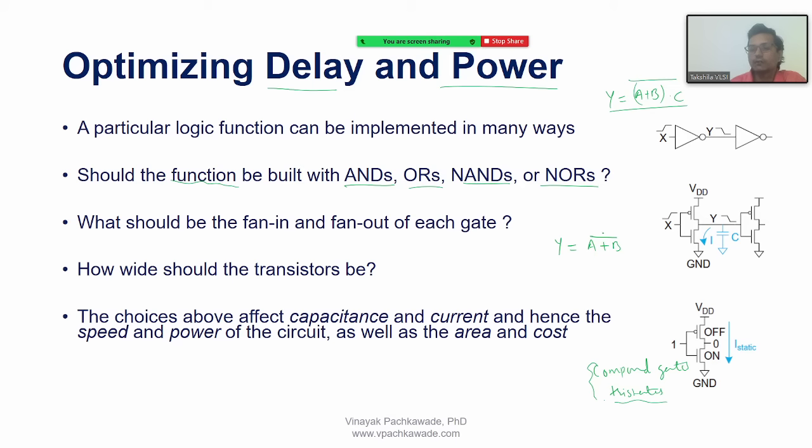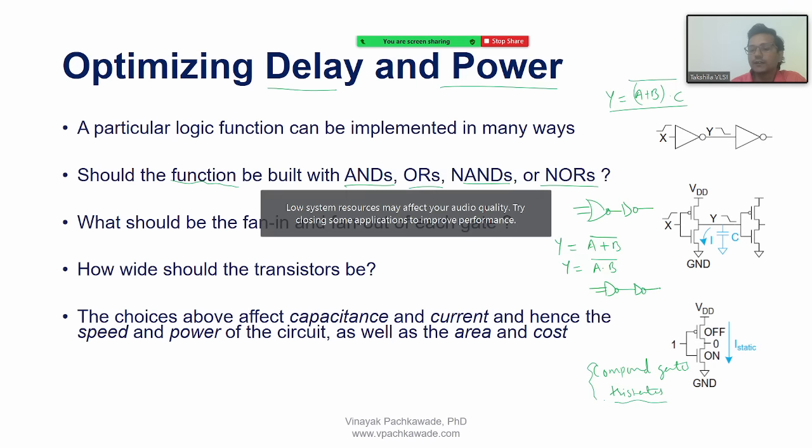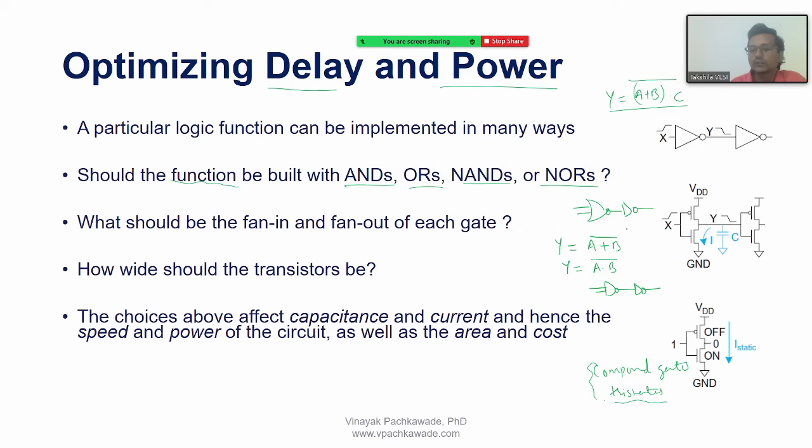What about if we want to implement the OR gate? We know that we will first use the NOR gate and then put an inverter. If we want to implement the AND function, first we'll implement the NAND function and then we'll put the NOT gate there.